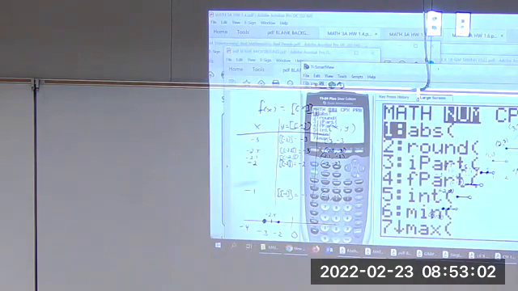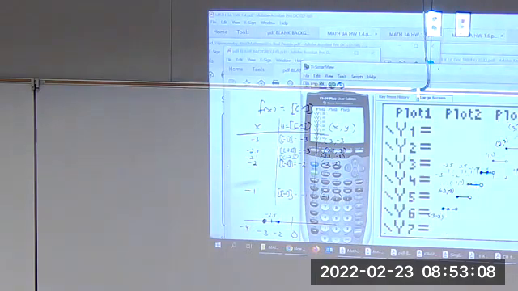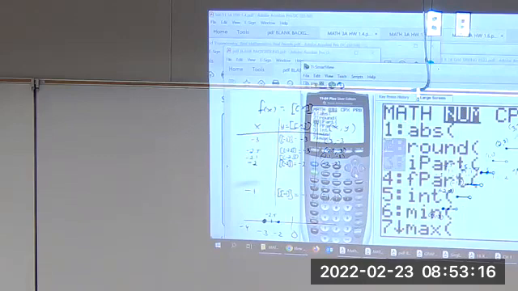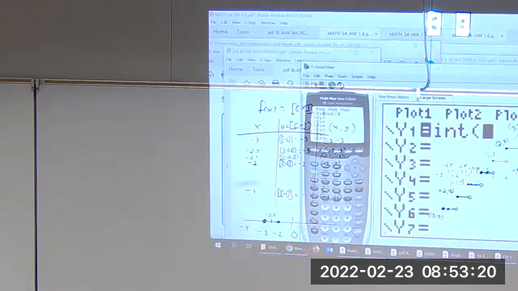Okay, so I actually messed up. I'm supposed to graph this. I needed to actually hit my equation, y sub 1 first. Then I hit math, and then I slide over. Now you go down to number 5, enter the greatest integer of x, and then make sure you close the parentheses.